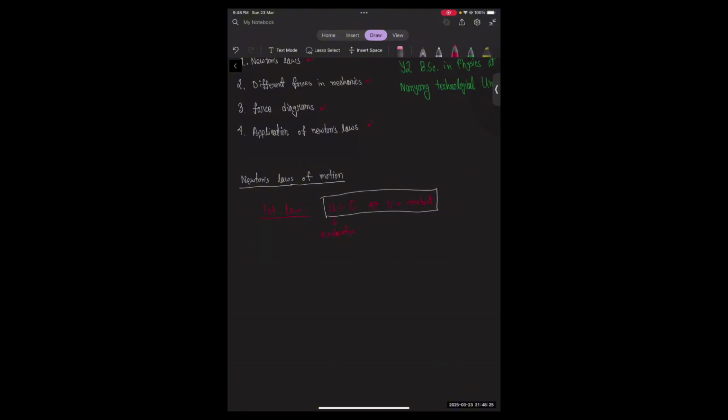So that is the first law: if a body has zero force, actually not acceleration, it doesn't talk about acceleration here. It tells you that if the net force on an object is zero, that implies it is moving at a constant velocity.